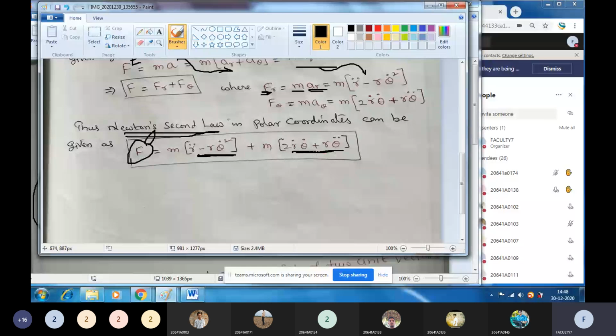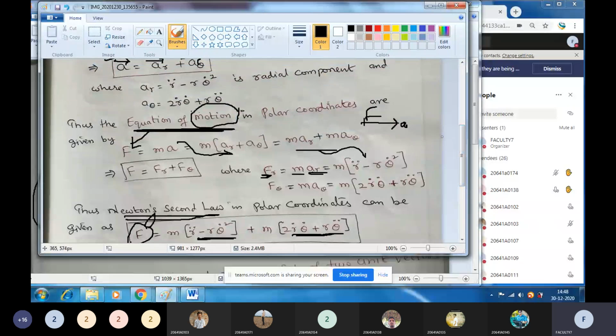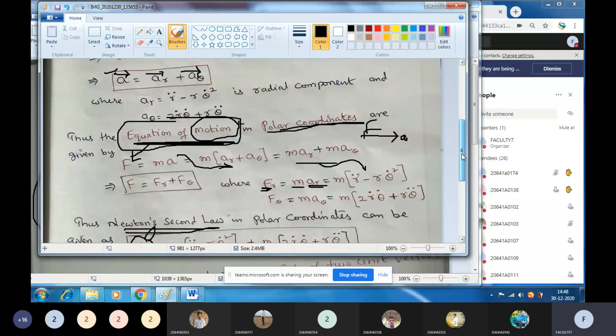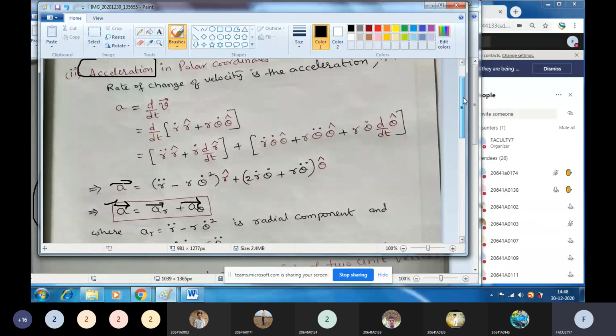So that's why we are concluding this as the expression for the equation of motion, which you got in terms of polar coordinates. That is the topic. This is the last topic of the first unit, so hereafter we will continue with the topics of the next units.